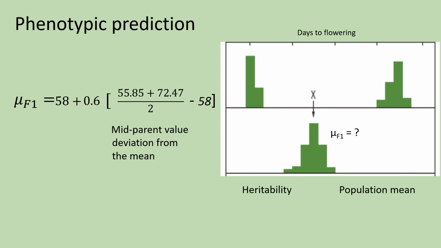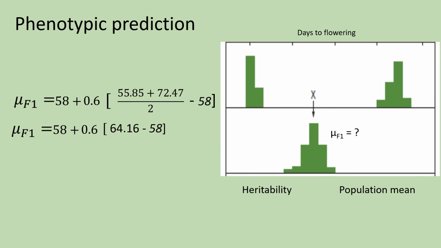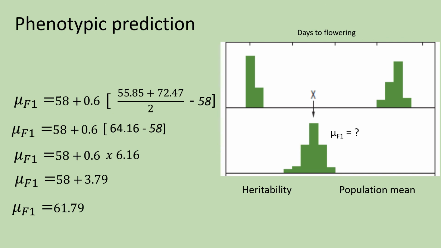So after substituting all the numerical values, we obtain a mid-parent value of about 64 days. That means that if we calculate the average flowering date of the two parents, it will be 64 days. Then we subtract the overall population mean from this mid-parent value, and we get about 6 days.